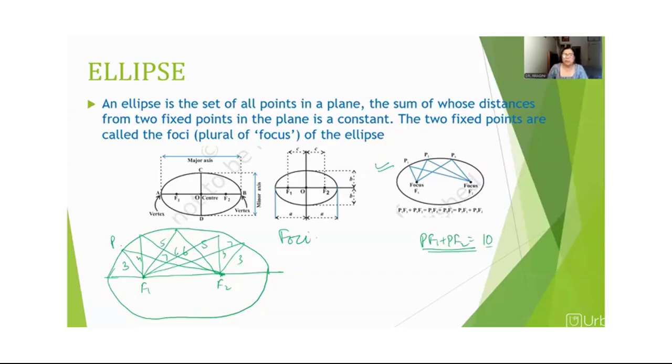Now, take any point and the sum of the distances from these two foci, F1 and F2. Then take some other point. Let's say this distance is 10. Now take all those points whose distances from these two fixed points sum up to 10. When we join these points, we get a curve called an ellipse.